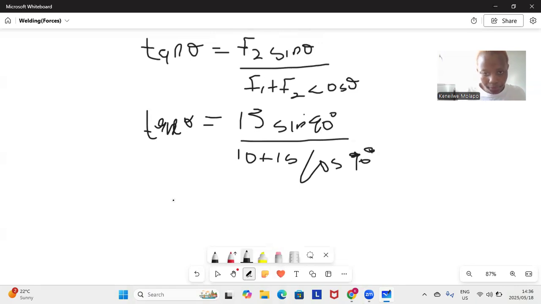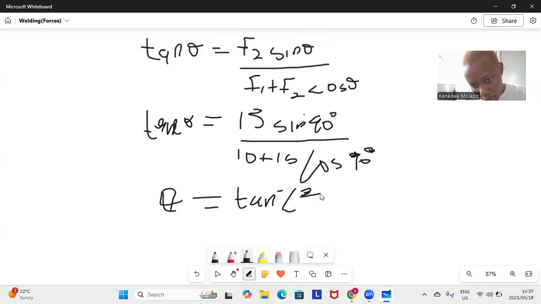So here it's going to be tan theta equals tan arc. When calculating this, guys, I got 3 over 2. You can use a calculator.